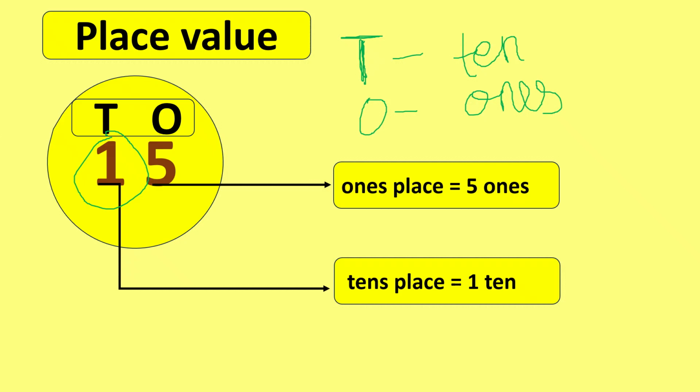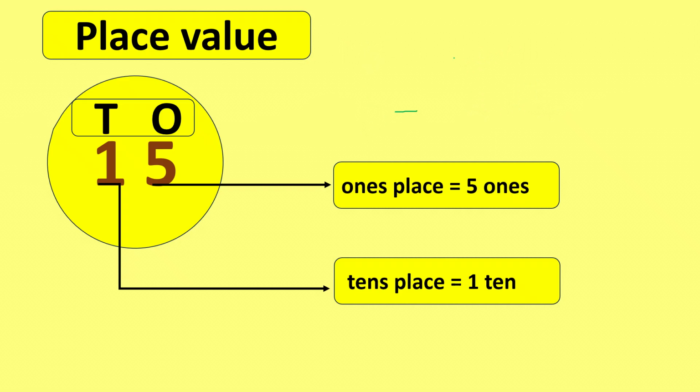So it's 15. It is clear: T for tens and O for ones. T stands for 10 and O stands for the ones.